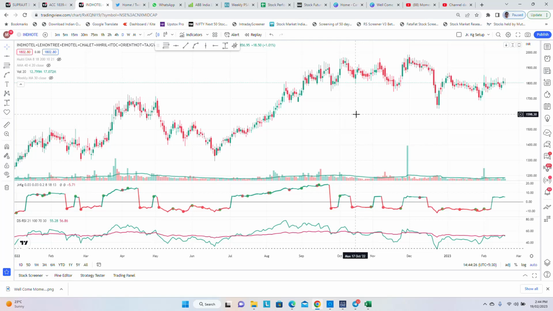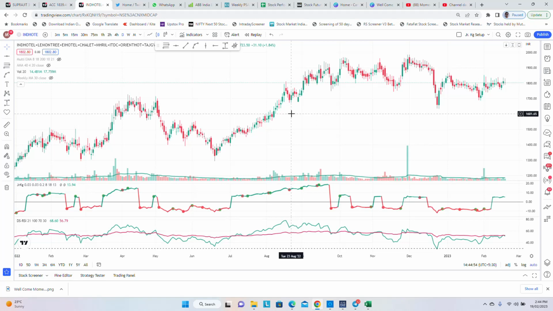So I will create one example for you, and then you can create your own index based on whichever sector or pool of stocks you want. Guys, this is just an example to show you the method of creating a customized index. You can make whatever tweaks and changes you want. So let's go ahead and create it.